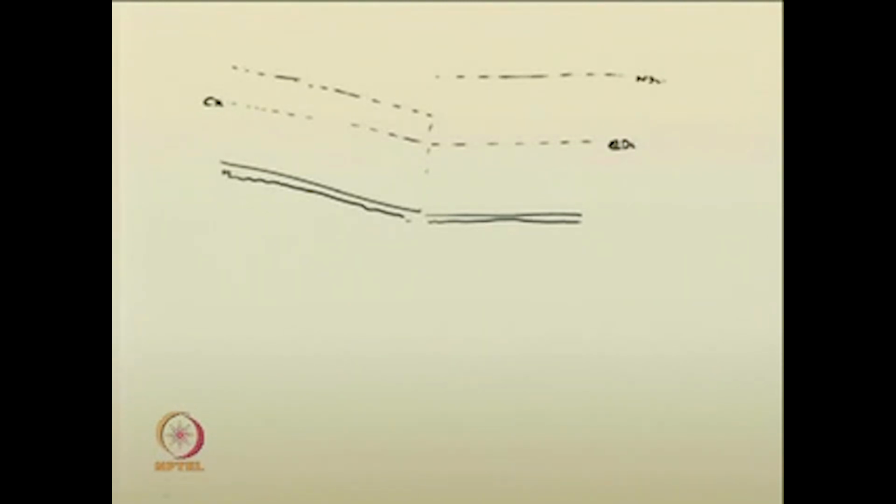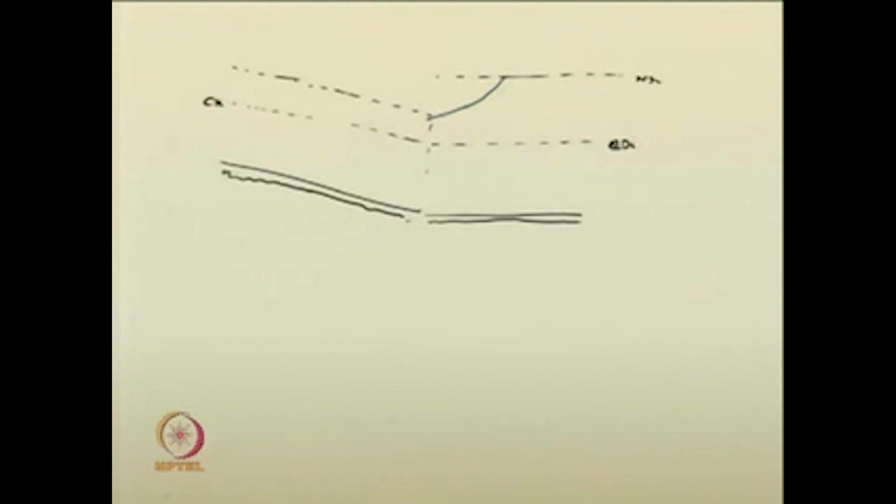You can think that, so I will just change the color. See, there may be a chance that normal uniform flow exists up to this point in channel 1 and from here a curve goes and merges with the normal depth line, that is the water surface profile.